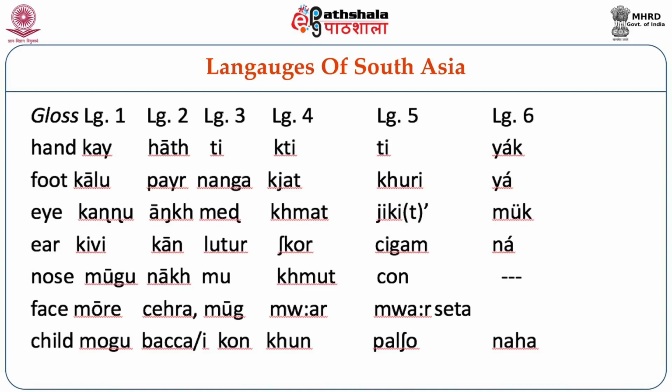Students may read them. In fact, we have provided data from 6 Indian languages to be sure, and they all represent 4 language families. Some of the words taken for consideration, all from what may be called basic vocabulary: hand, foot, eye, ear, nose, face, child.